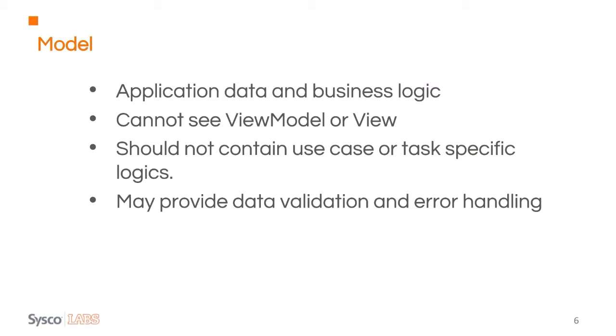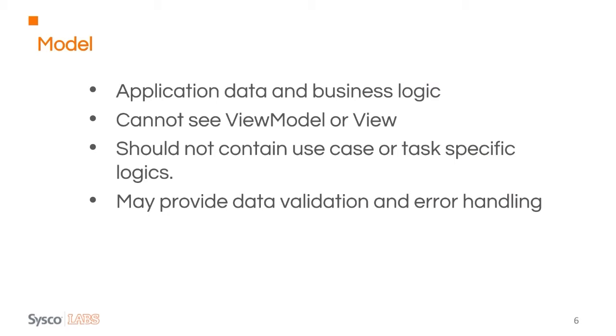Usually the model is your application data and business logic. So this is your typical model in any application, right? It cannot see the view or view model. It wouldn't know that there is a view or view model acting on top of it. So it's just very pure business logic, and it should not contain any use case or task-specific logic.